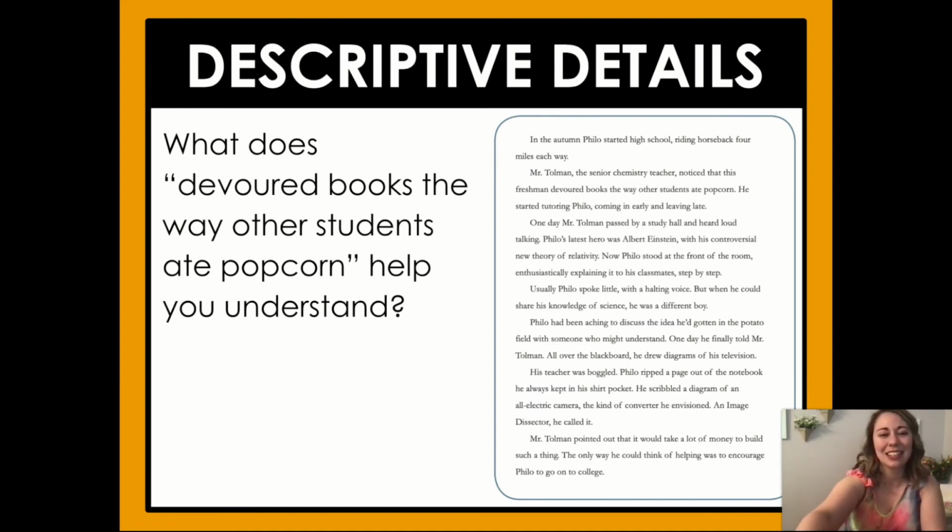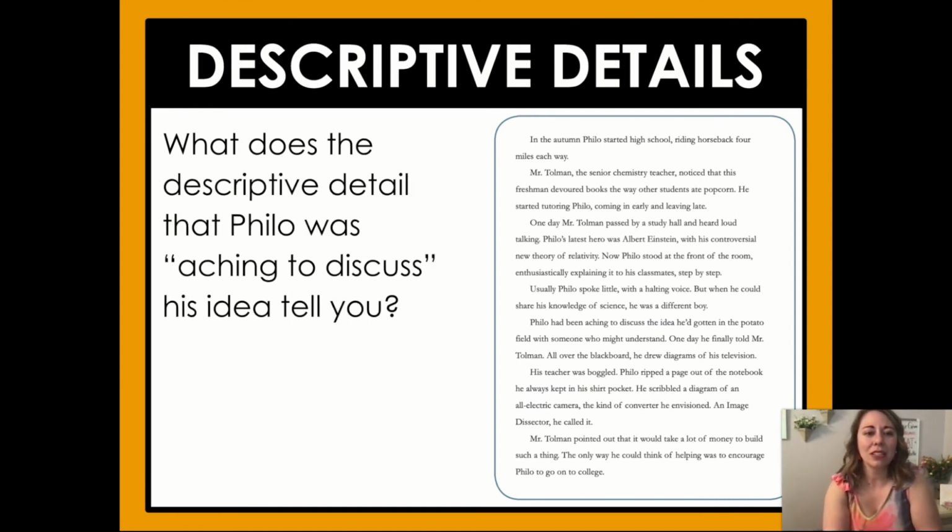Yes. And then what does the descriptive detail that Philo was aching to discuss his idea tell you? So let's see where it says aching to discuss his idea. In this paragraph, it says Philo had been aching to discuss his idea that he'd gotten from the potato field with someone who might understand.